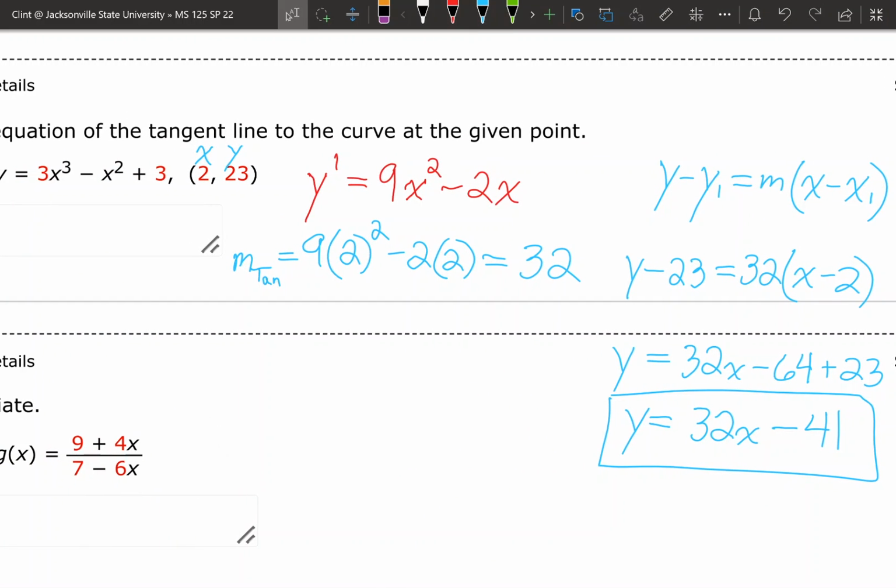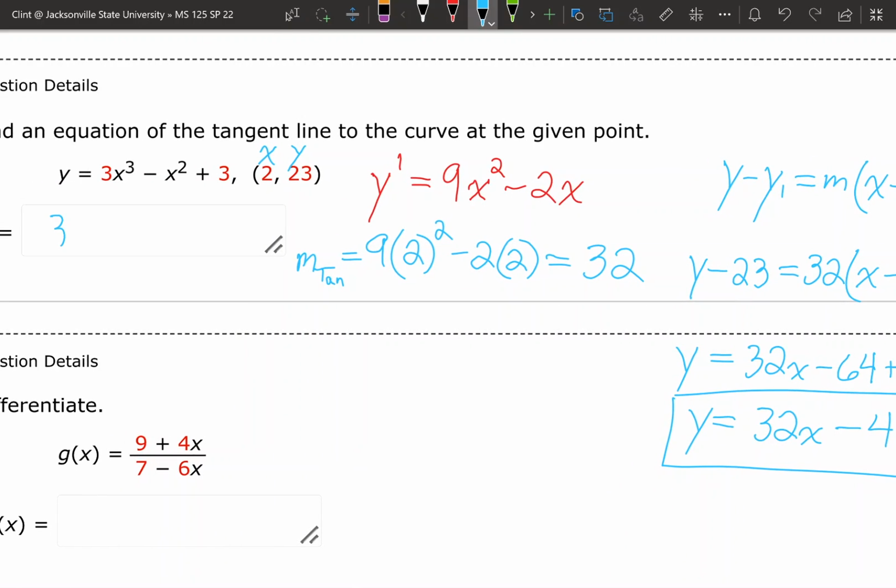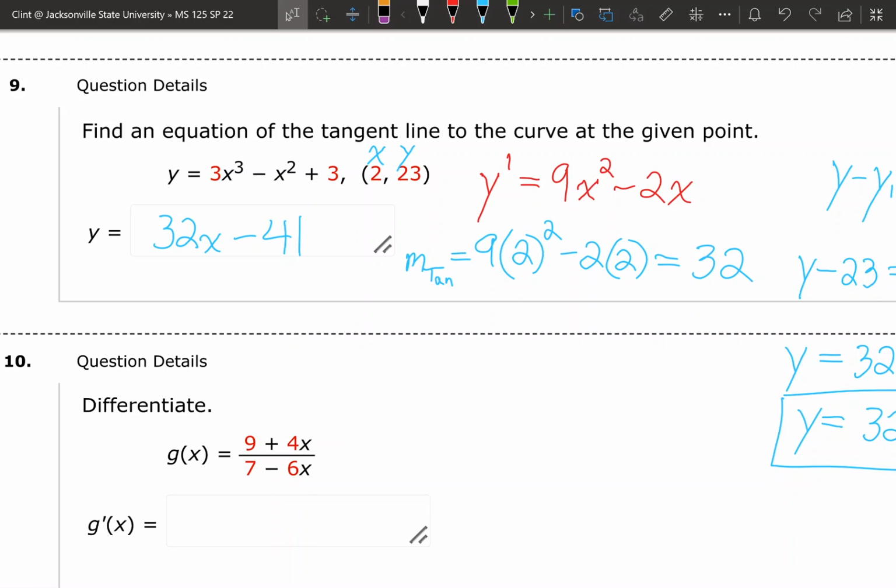I would specify. Yeah, we'll probably put it in that form. Slope intercept, like you said. It's not that much more work to get it there, usually.